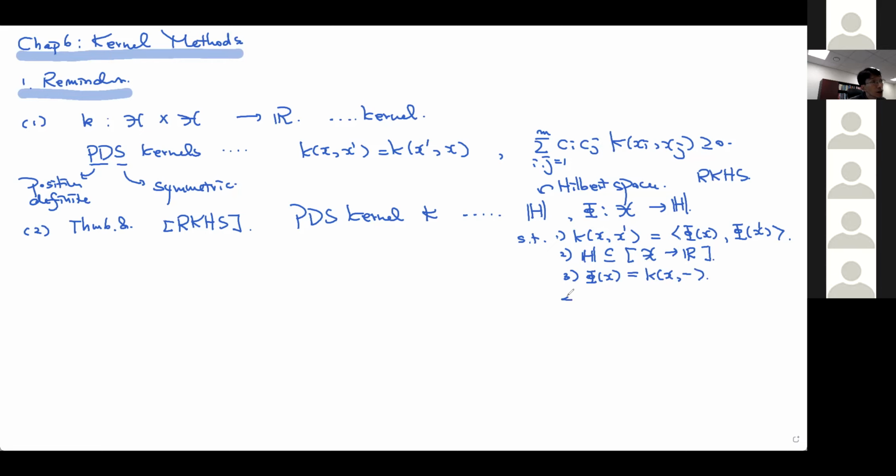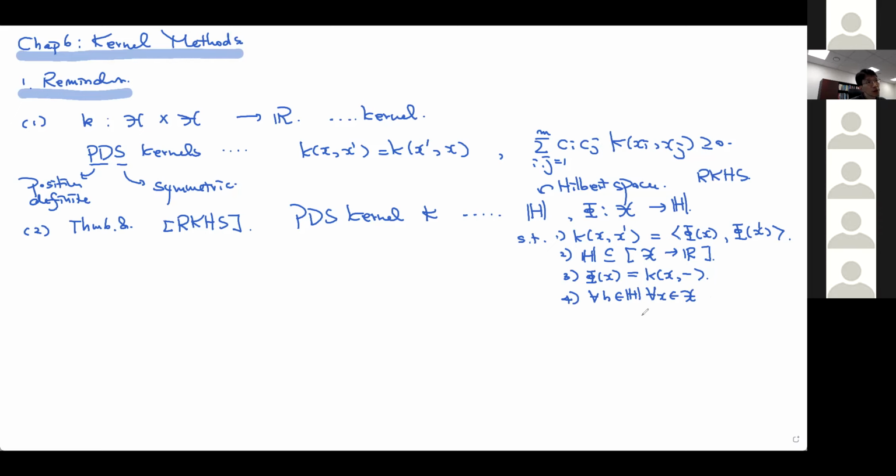And then finally, this H has a so-called reproducing property, which means that for every function in this Hilbert space and for every input, the behavior of the function is completely determined by how it maps its inputs.